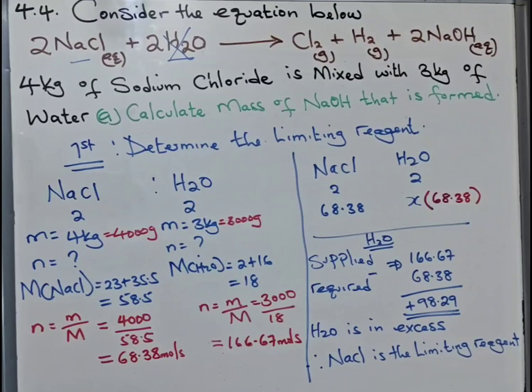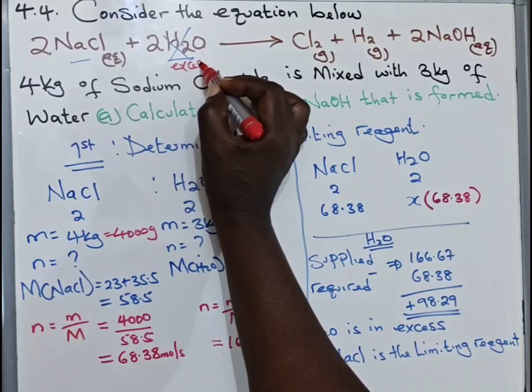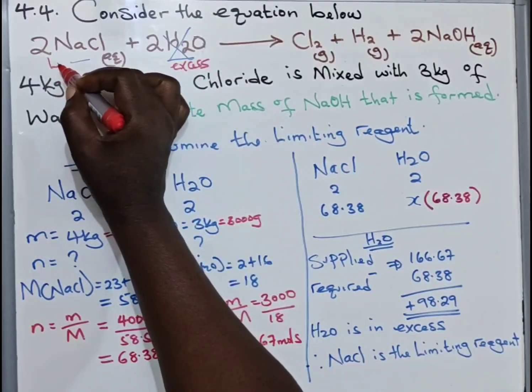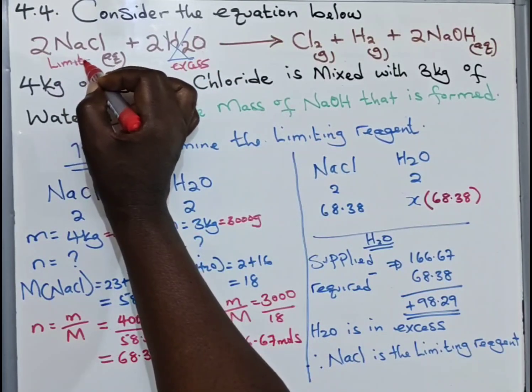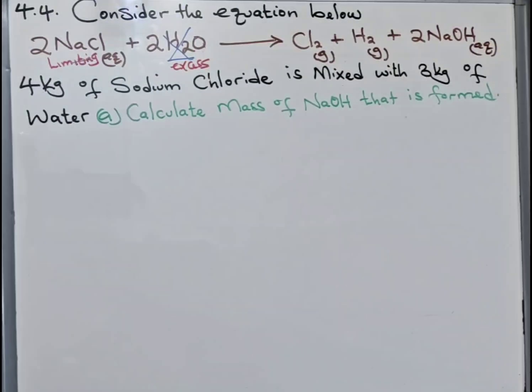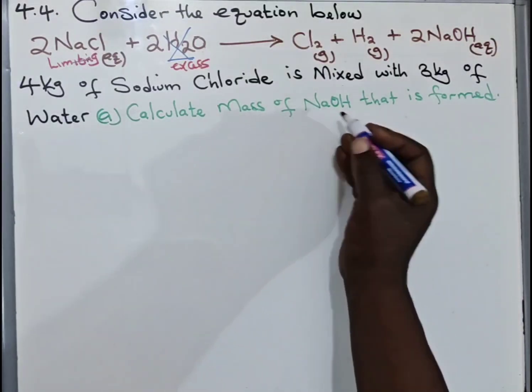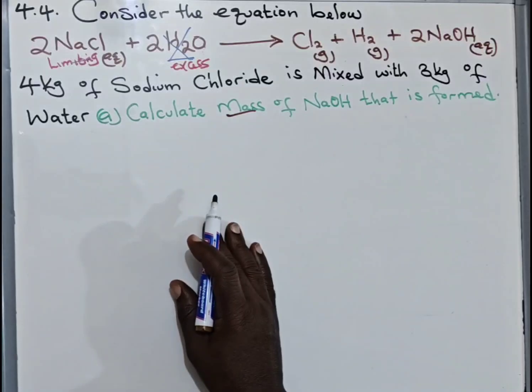So that is it. So what do we have here? This is excess here, and this is the limiting. Then after determining the limiting, we can proceed and determine the mass of sodium hydroxide that is formed.